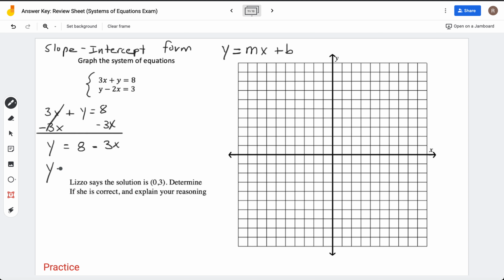So y is equal to negative 3x, and then the sign behind this 8, although we don't see it, we know it's positive. So it's negative 3x plus 8. And that there is our first equation.